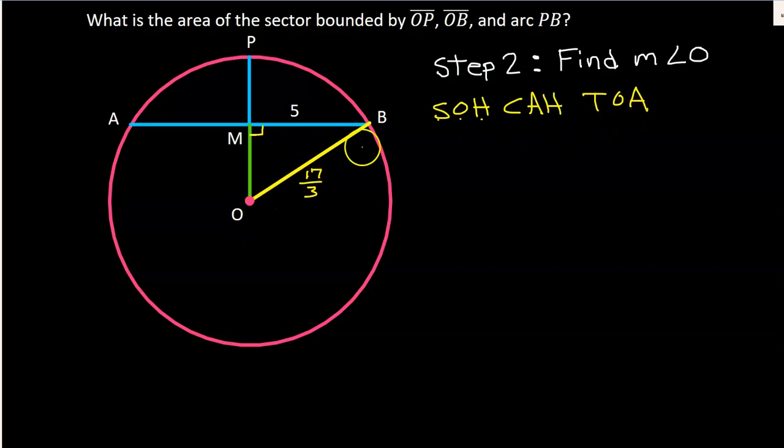So of course the radius here across from the 90 degrees, this is the hypotenuse. We're looking for the measure of angle O. So if I look across from angle O, that's going to be the opposite leg.